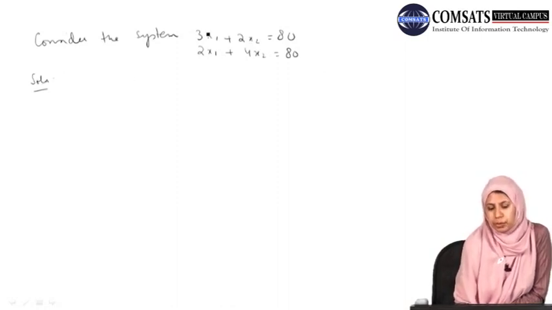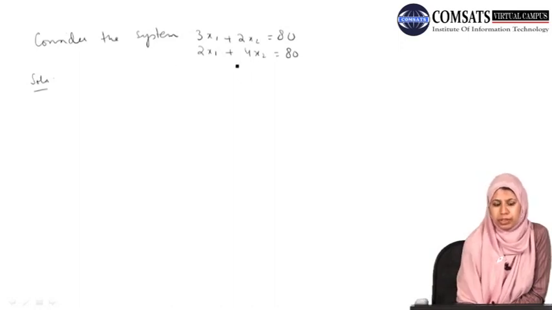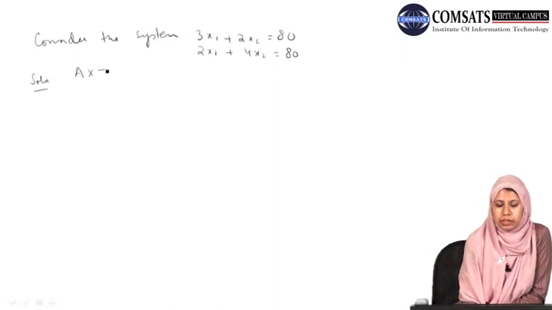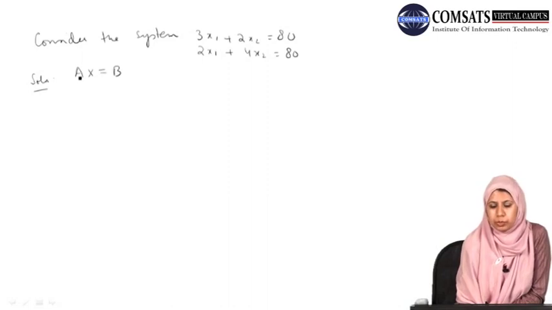We have a system of equations. We can easily transform this system into the matrix equation by writing it in the form Ax = B, where the matrix A in this case will be a square matrix of order 2 by 2, that is the number of equations by number of unknowns.